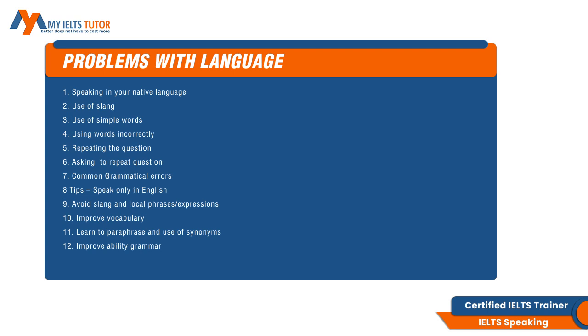You also want to avoid repeating the question or parts of the question. You're being scored on your ability to paraphrase, so you should put the question into your own words. For example, let's take the question, why do more and more people live in the city? You could say, I think there are several reasons why people are migrating to urban areas.